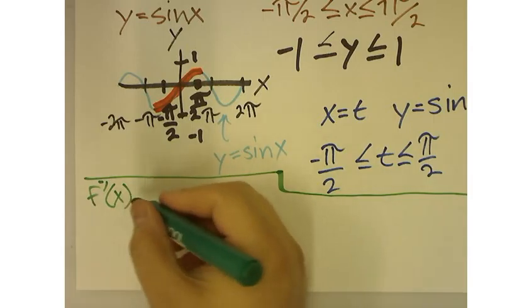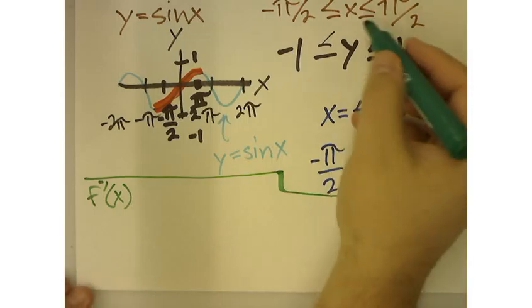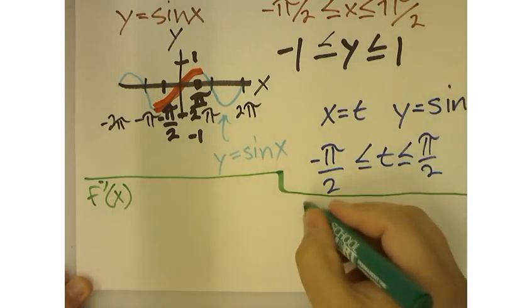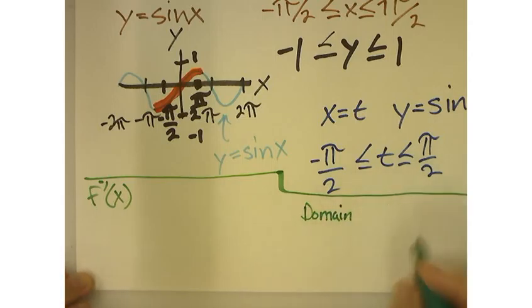So for the inverse of my function, let's list some of these things. The domain of this would be the range of the old one, right? Because we're flip-flopping the x and y around.